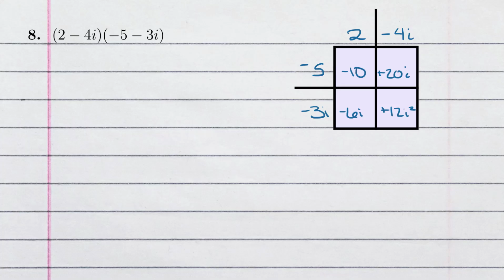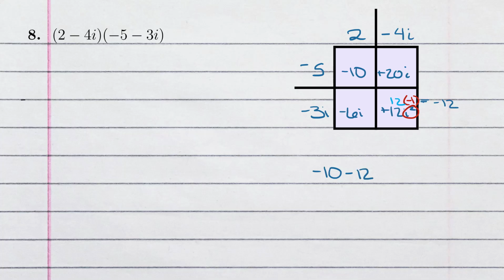We have that i squared, so that means automatically we know we need to change that to a negative 1. And so we have a positive 12 times negative 1, which is negative 12. So when I add my real parts, I have negative 10 minus 12.